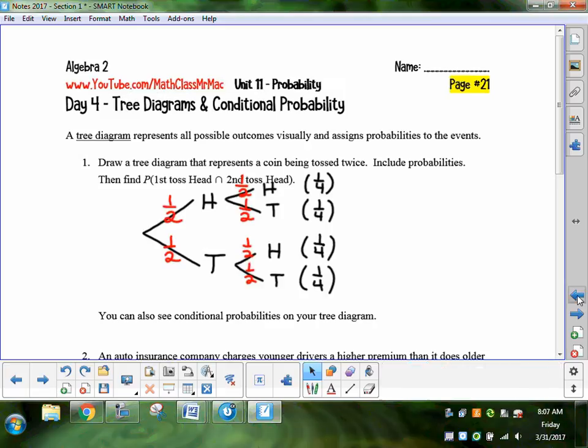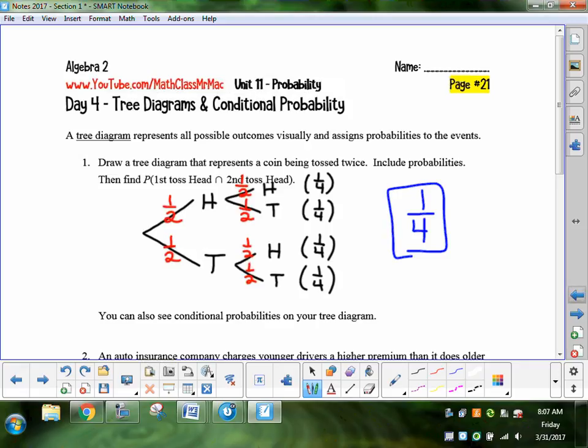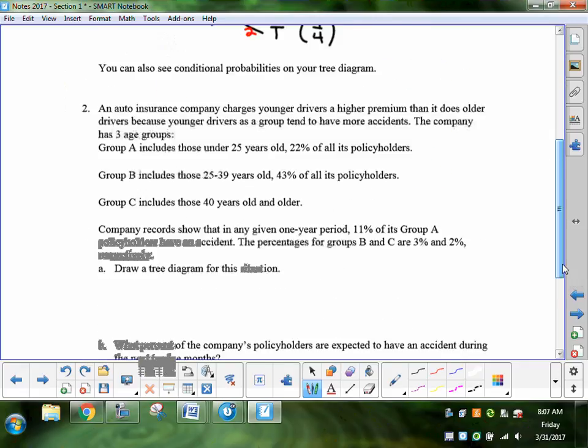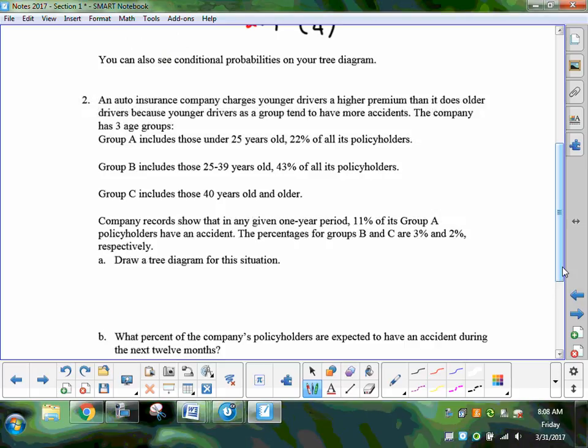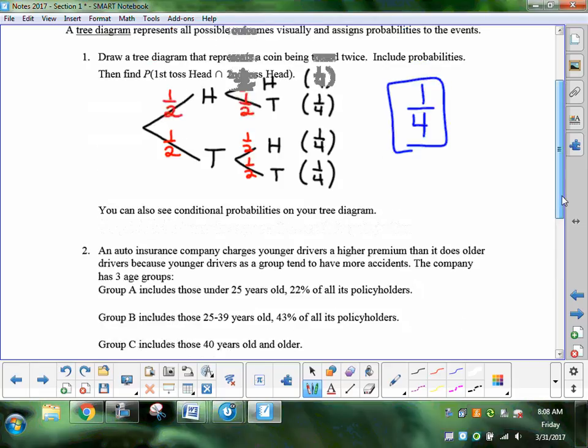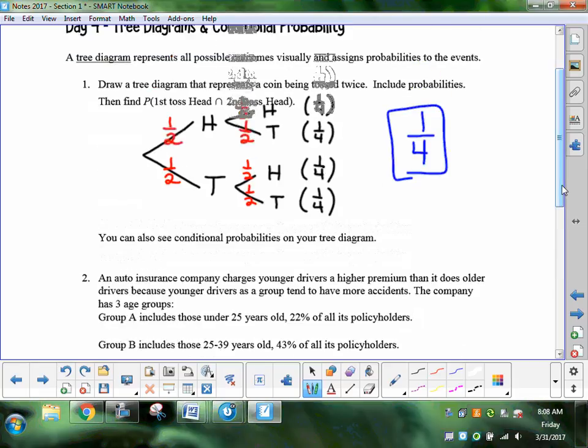Now, we need to find the probability of first toss heads and second toss heads. So I'm going to ask, what is that probability going to be? Yeah. You can also put conditional probabilities on this.